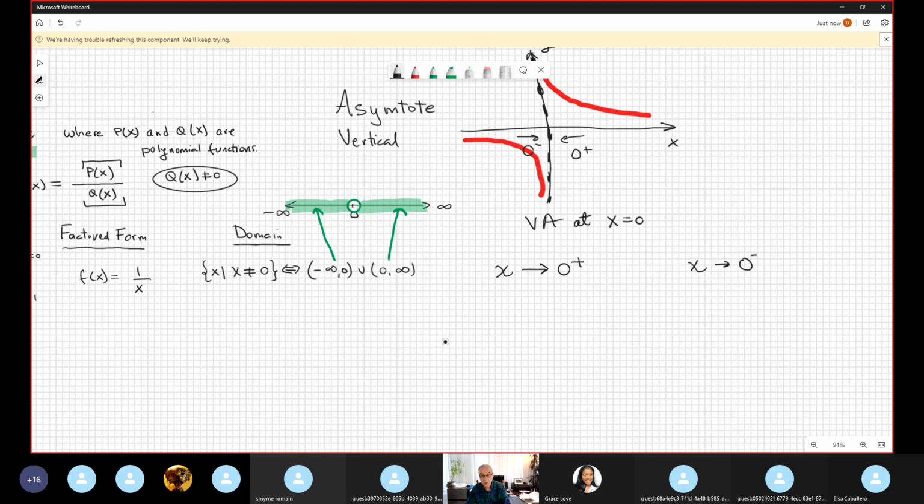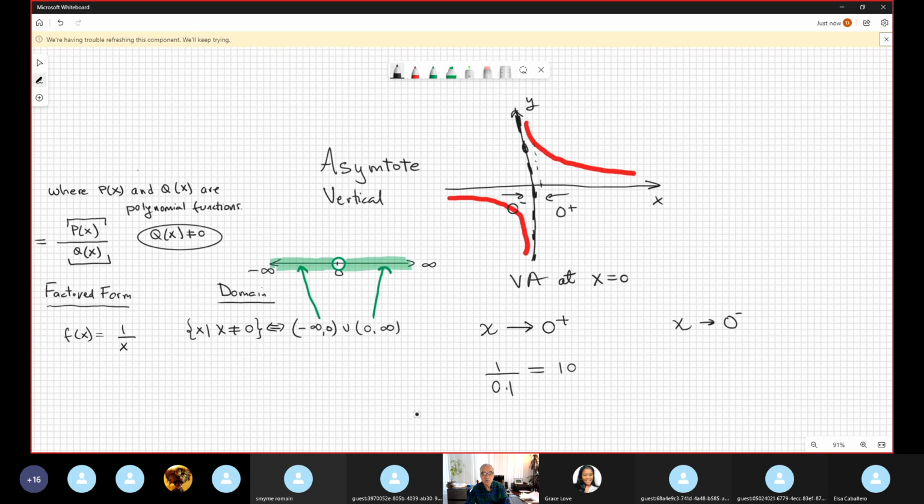Entonces nada, suppose que ahí we approach 0, use 1 over 0.1. I put a small number close to 0, pero positive. When you put it in a calculator, the answer is 10. Oh, too big.